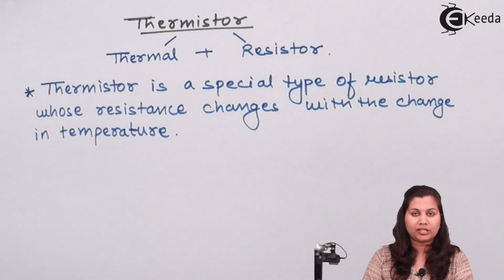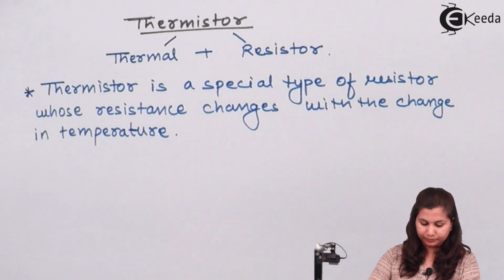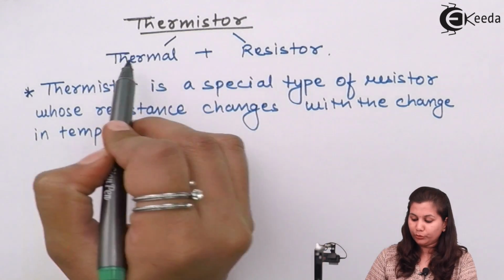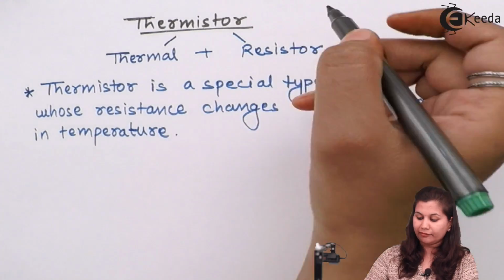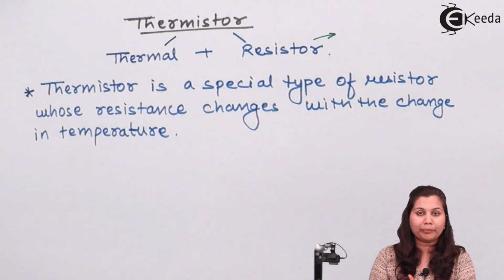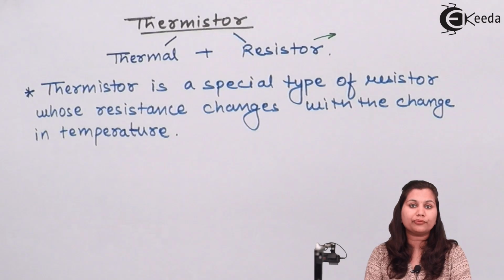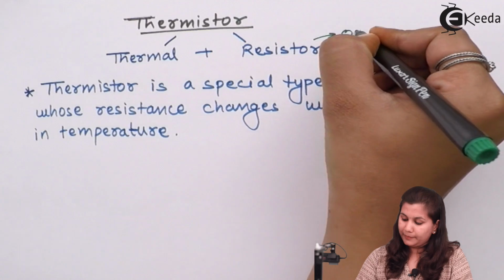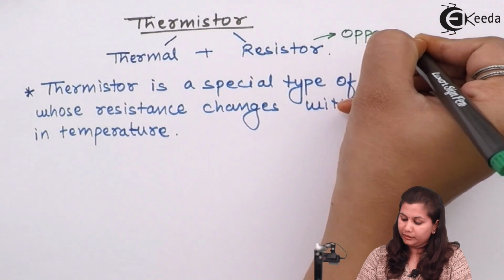We will measure the change in resistance, and change in resistance is proportional to the change in temperature. Now, if we know that it is made up of two terms, thermal and resistor, and if we define a resistor, it is the property of a material to oppose the flow of current through it.